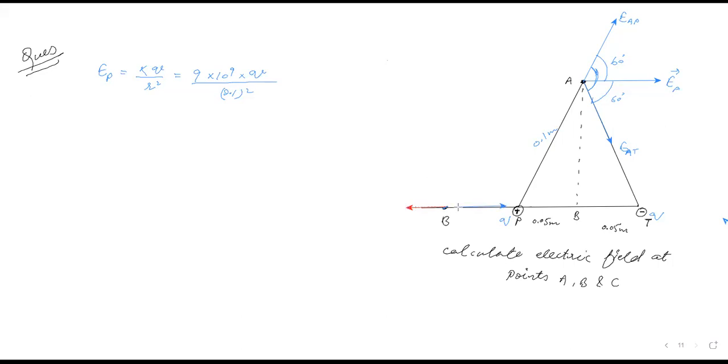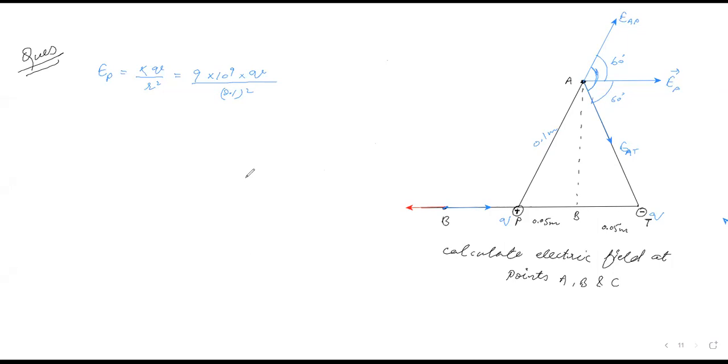It is towards T. You already know the separation between P and B and the separation between B and T are different. So the magnitude of the field due to the positive charge and the negative charge will also be different at the point B. Are you clear or not?